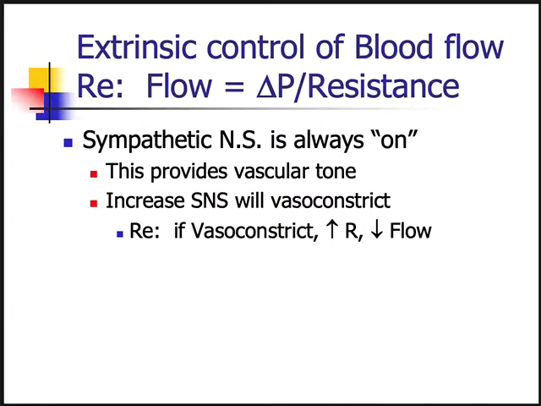Of course, that's going to increase your resistance, and that will decrease your flow. If you decrease the amount of stimulation from the sympathetic nervous system, that's going to allow those smooth muscles to relax some, and that will cause the vessel to dilate, open up.